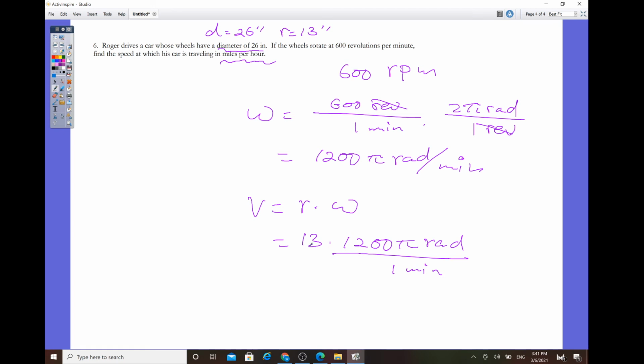Right now it's in inches. The radians get canceled, since we divide by 1 radian to cancel out the radian. And for the linear velocity, it turns out to be 13 times 1,200 pi. Okay, so let's find out.